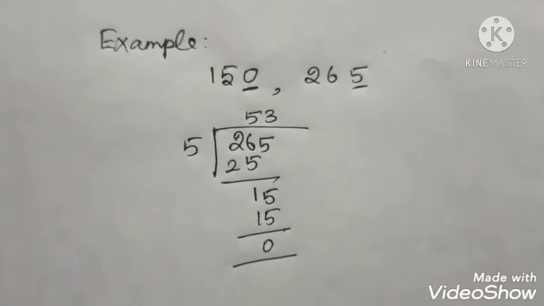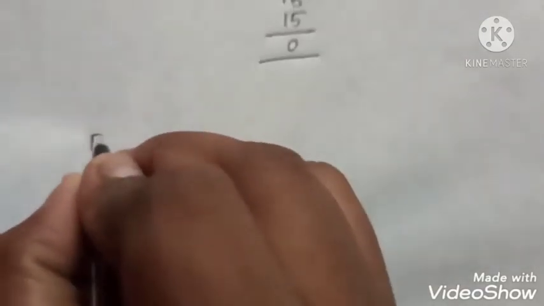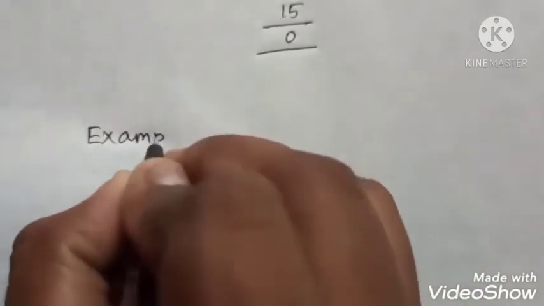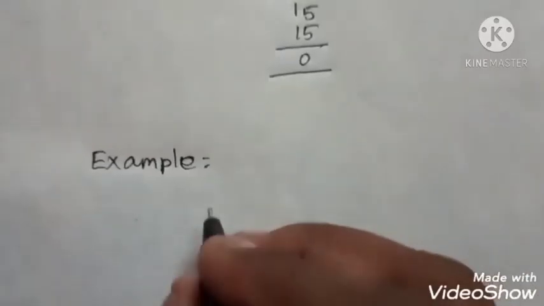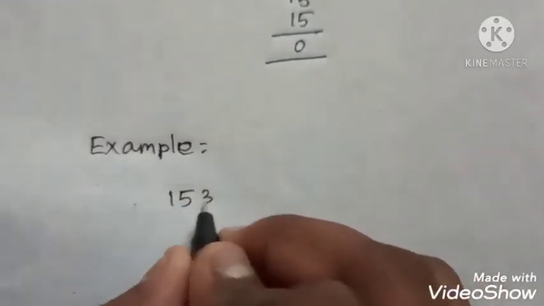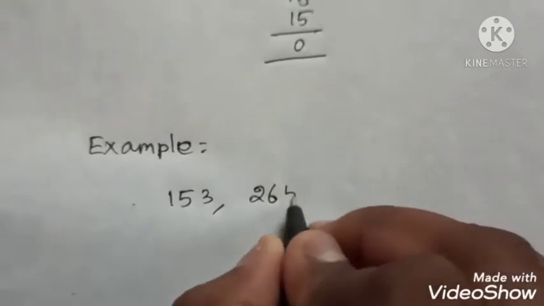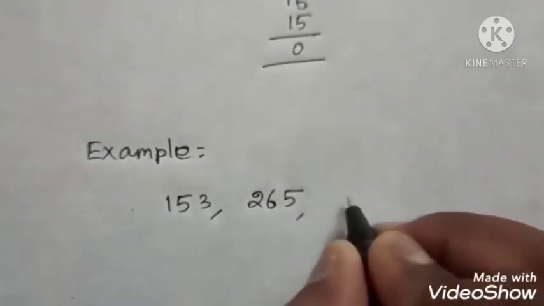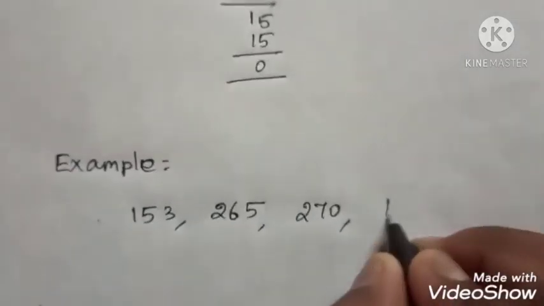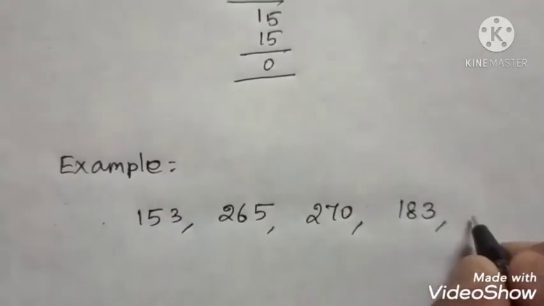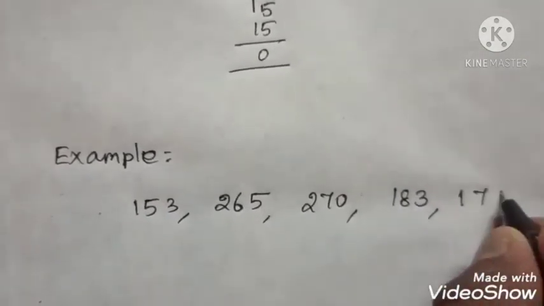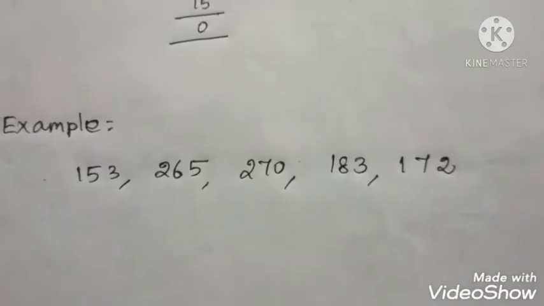So I have to show another example. Here you have to verify it: 153, 265, and then 270, 183 and then 172. So I take 5 numbers.